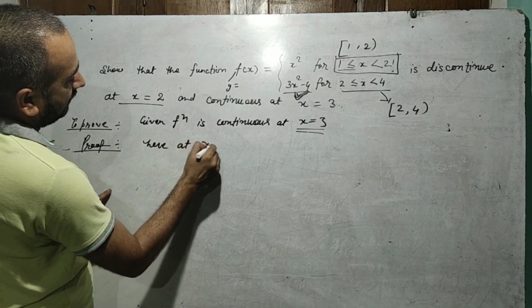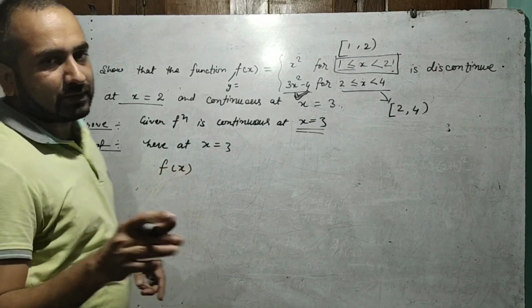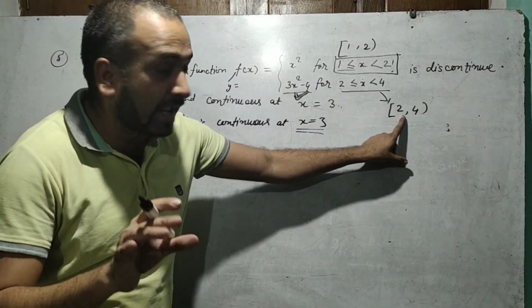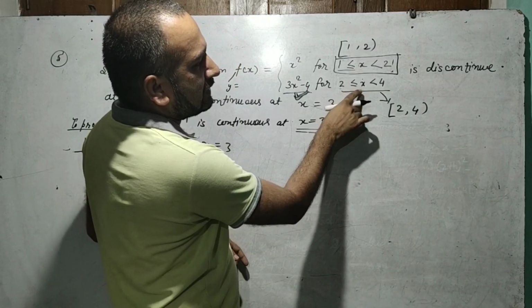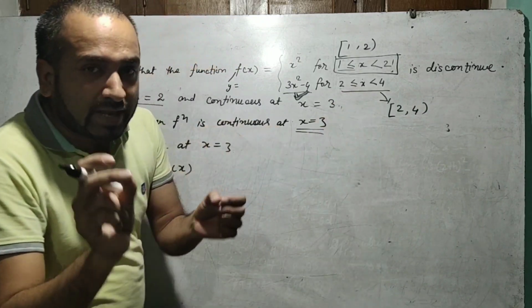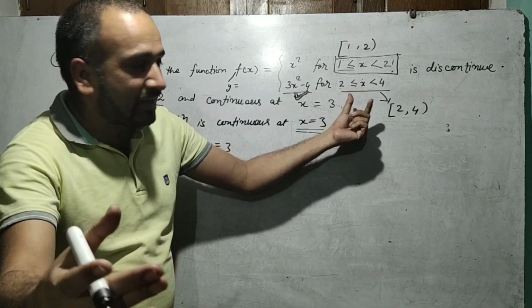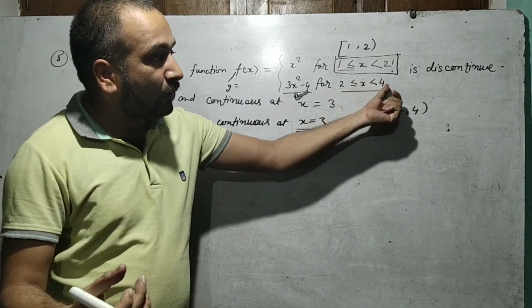At x is equal to 3, I need to find f(x). Here they are giving 2 is less than or equal to x is less than 4, and 3 is between 2 and 4.